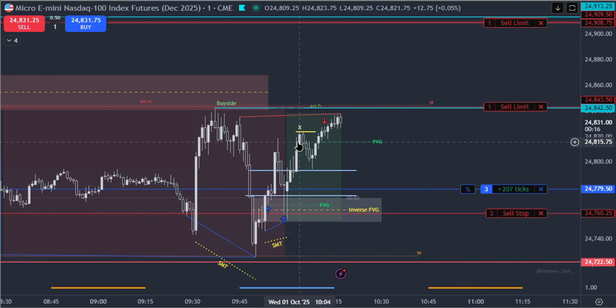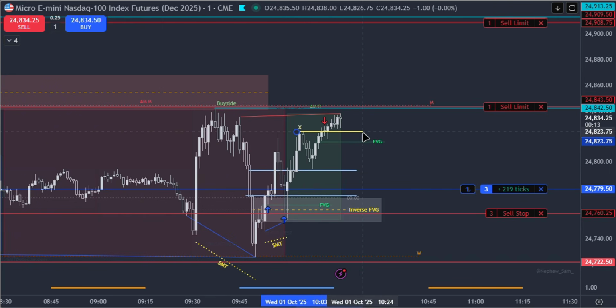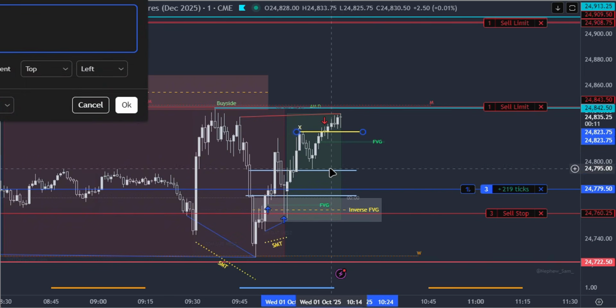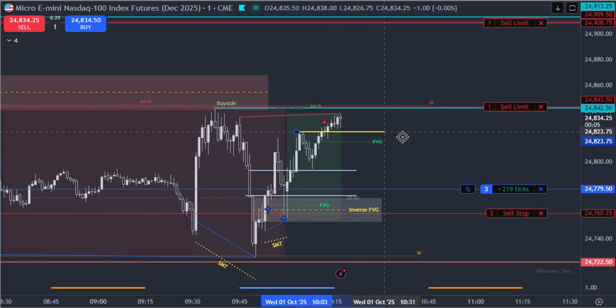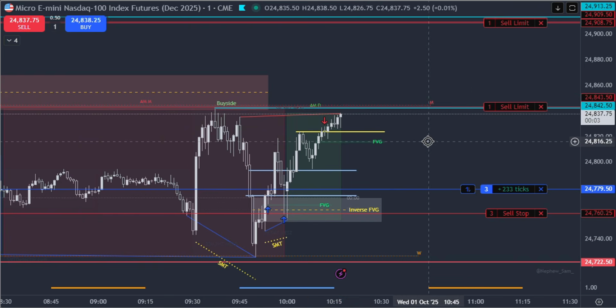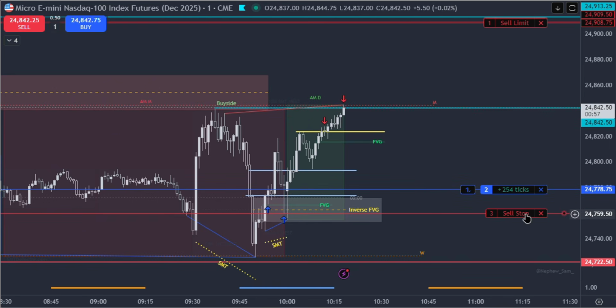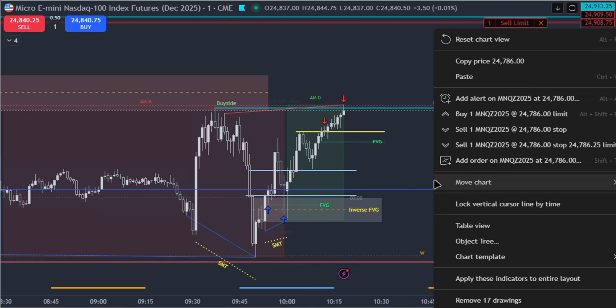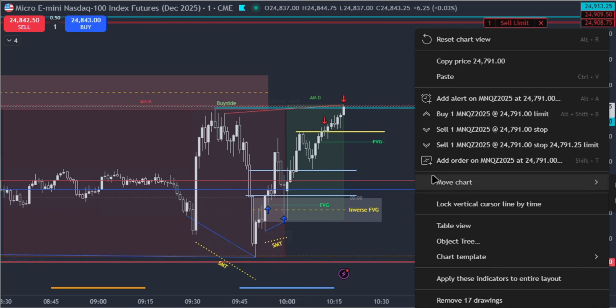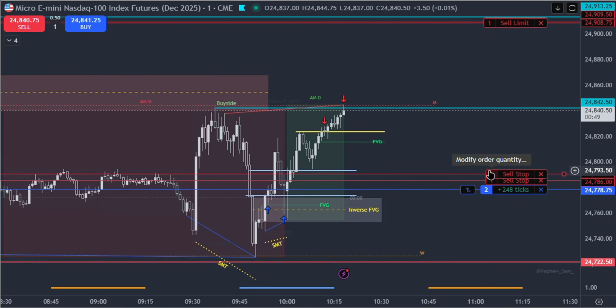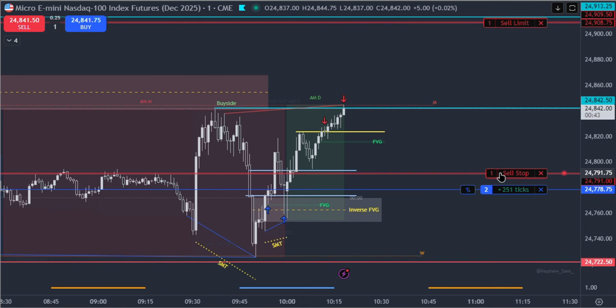So you see how this high, we want to use it to keep going higher. We want it to retrace into this high and keep going higher. All right, we want to close bullish.